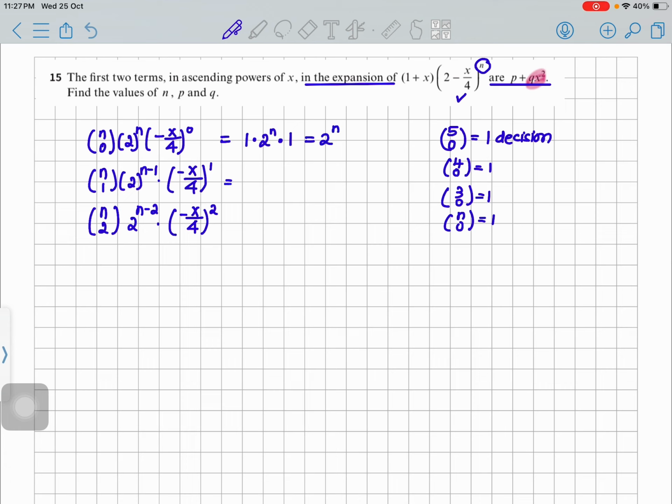Next one, n choose 1 is equal to n. Why is it so? Let's say you have 4 items and you would like to select only one at a time. Let's say the items are a jumper, a t-shirt, a shirt and a pair of pants. Out of these 4 items, you can only select one.